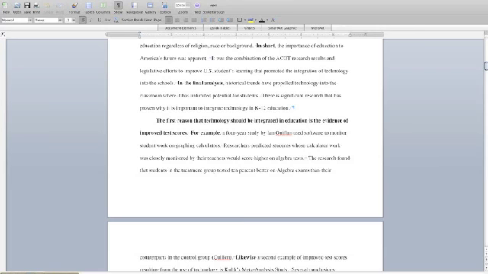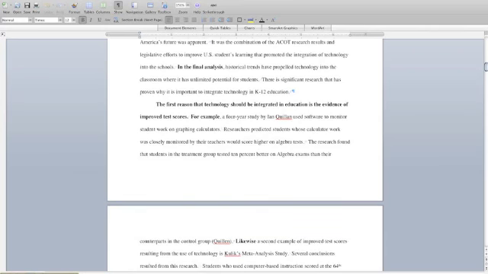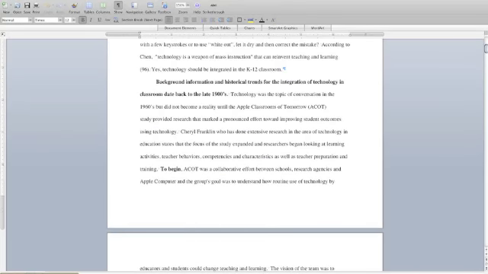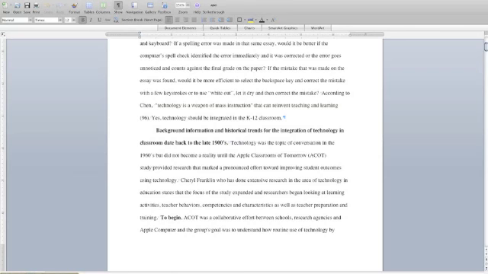The first reason that technology should be integrated in education is the evidence of improved test scores. Okay, and so that's the very first reason to support the thesis that states that technology should be integrated in the K through 12 classroom.